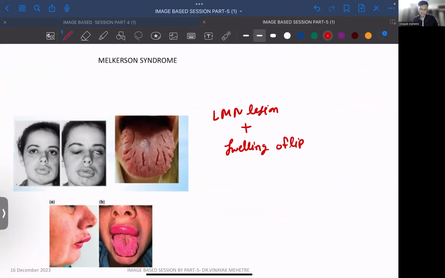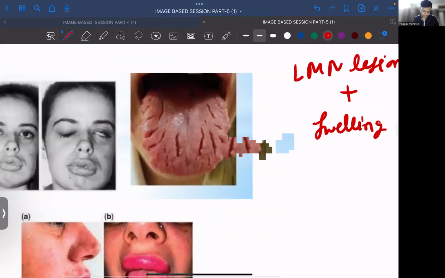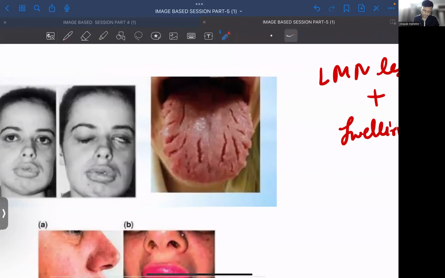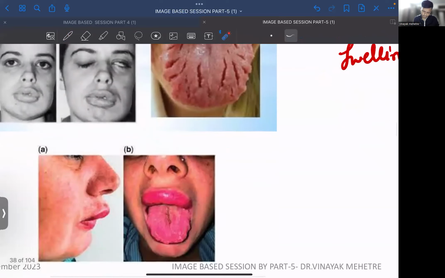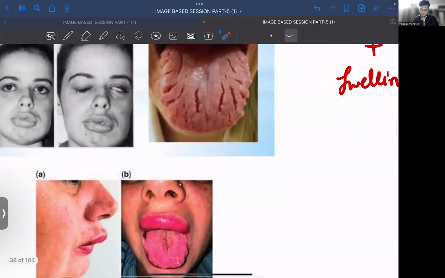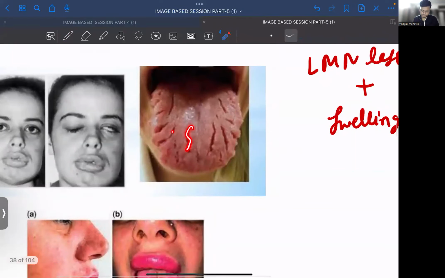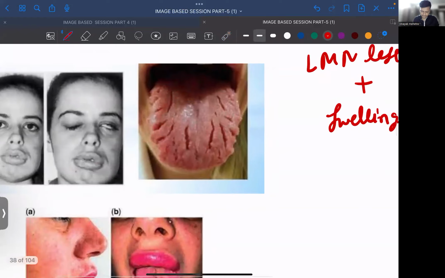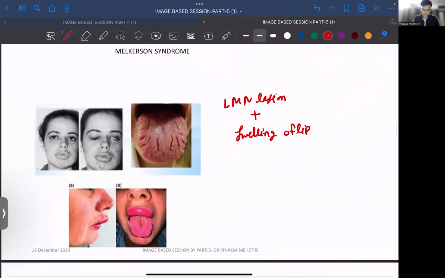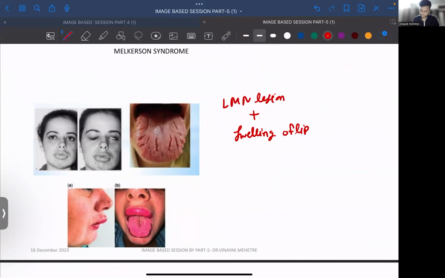Okay, and swelling हो गई. देखो यहाँ पर lower motor neuron lesion with swelling on lips, specifically upper lip, with fissured tongue. Okay, there will be deep cuts. इसी को हम बोलते हैं fissured tongue. Is called as Melkerson syndrome.